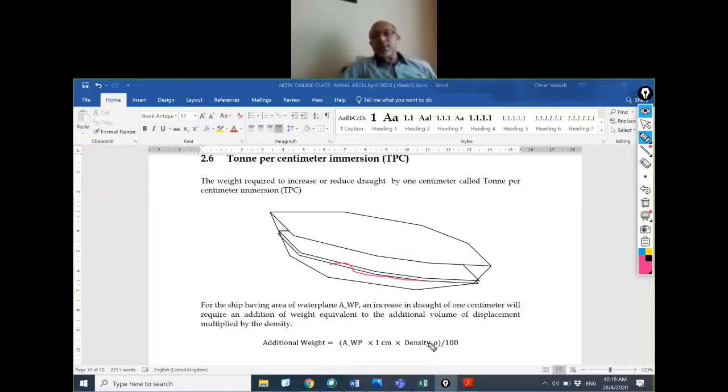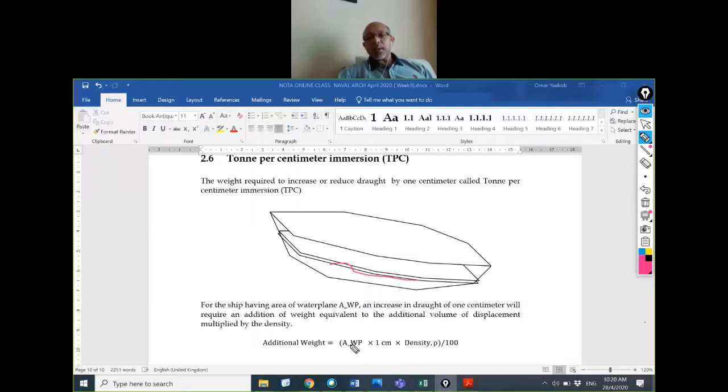That volume times the density, which is in ton per meter cube or kilogram per meter cube, gives the value of the weight in ton or in kilogram depending on your density. It is divided by 100 here because 1 centimeter over 100 converts it to meter.